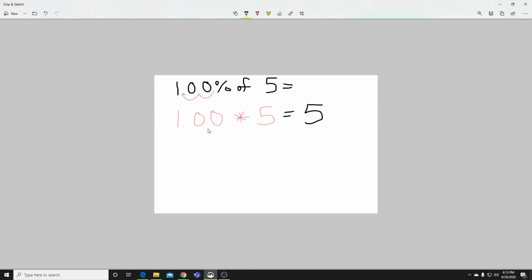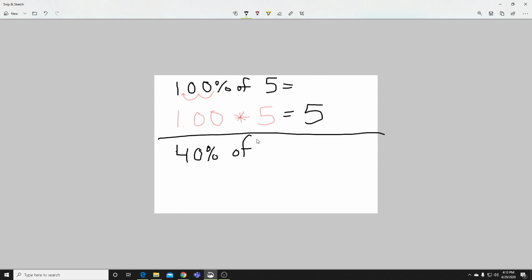And you would see this would work the same with 0, or 50%, or 20%. In fact, let's try 40% real quick. What if I wanted 40% of 5? So maybe you got a 40% on a quiz that was worth 5 points.